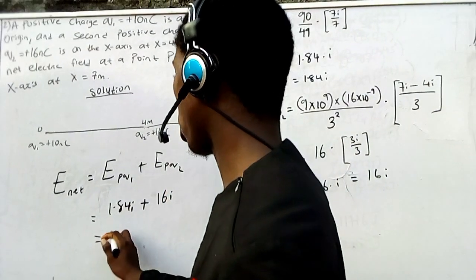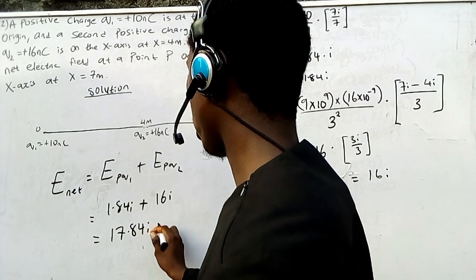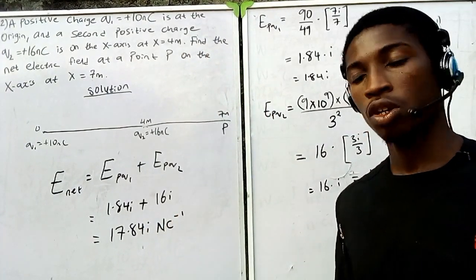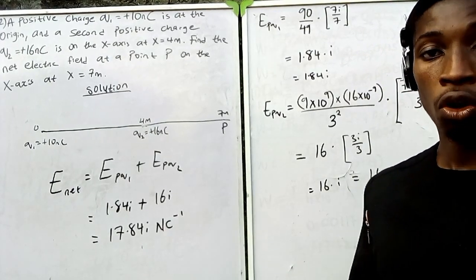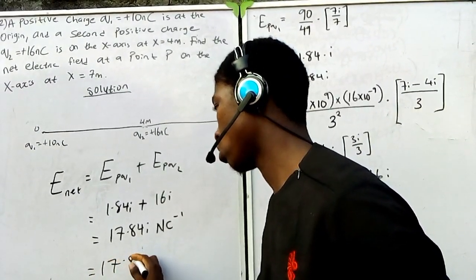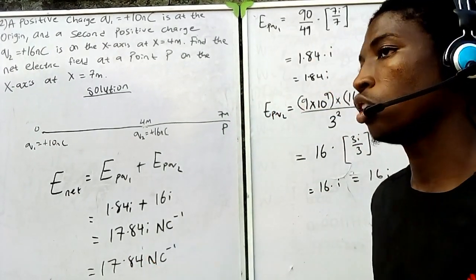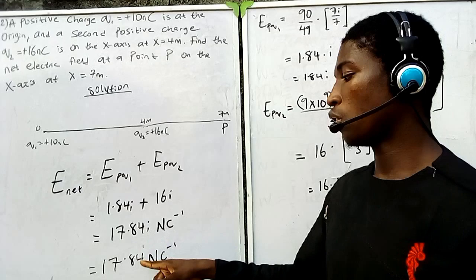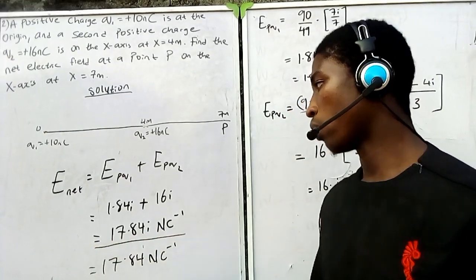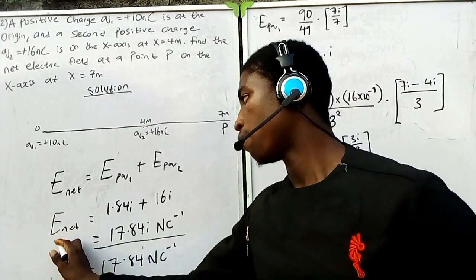And when you sum that, you have 17.84i newton per coulomb. Or if you want, you can take the magnitude, 17.84 newton per coulomb. You might see either of these in your exam, but for your test, just leave it this way. Alright, so this is the net electric field that P has felt.